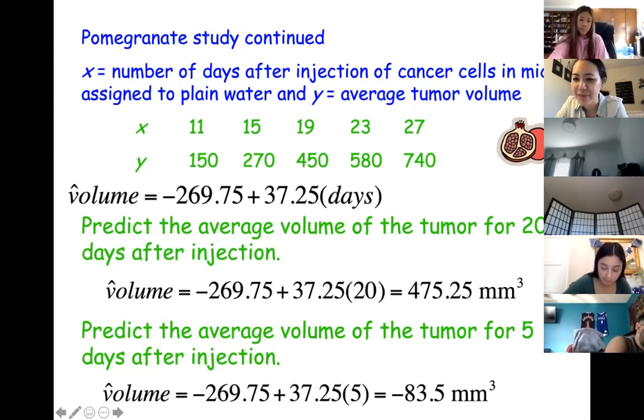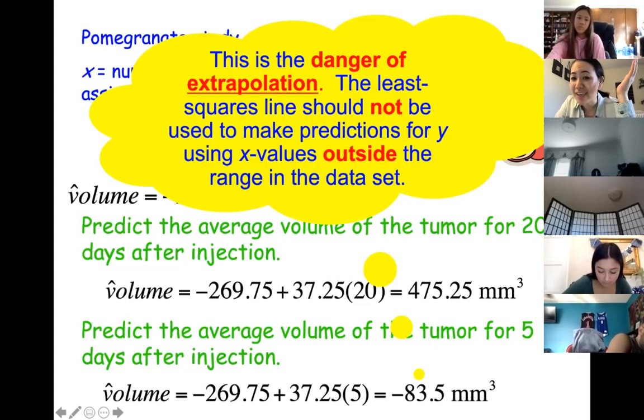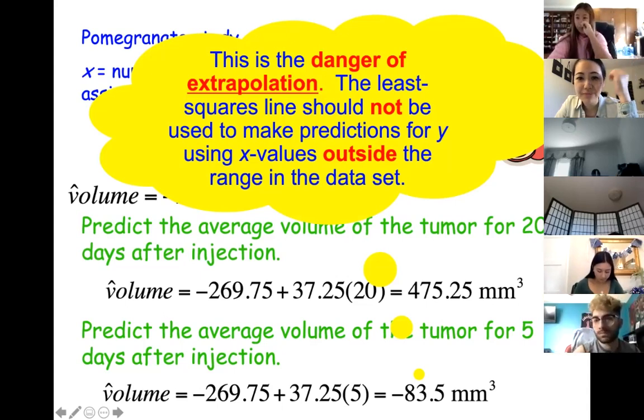Our prediction of 5 days is outside of the data range, below 11. That's what extrapolation is. It's when you're trying to make predictions for the Y values outside the range of your data. And that's what you don't want.